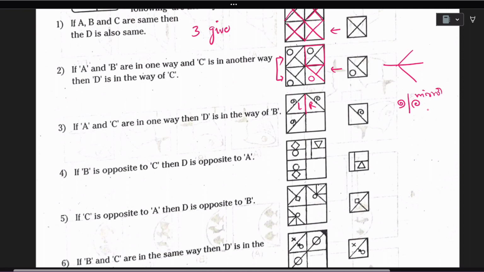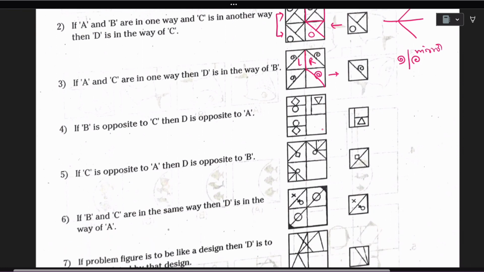Mirror figures are nothing but the left is seen on the right side and the right is seen on the left side, and the top will be at the top only and the bottom at the bottom only. Here also we need to draw the mirror figure for this left one. So that will start from here and go to here, and this can be drawn like this. So this is why the answer is like this.